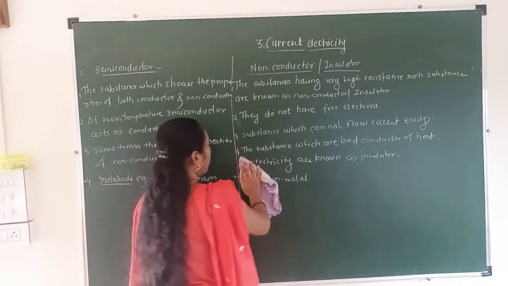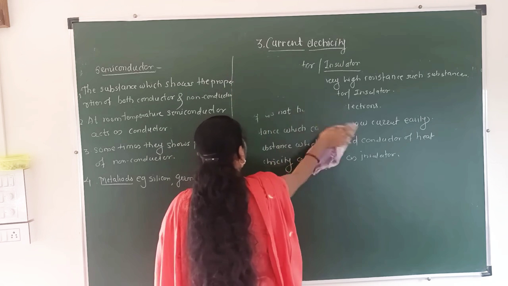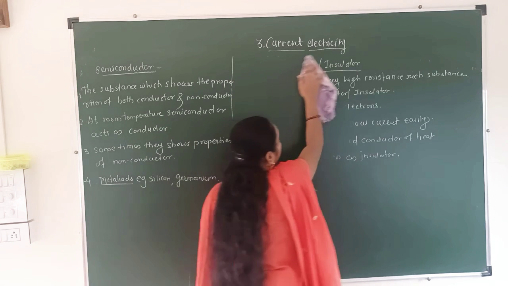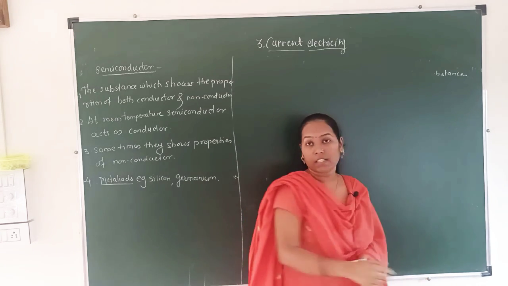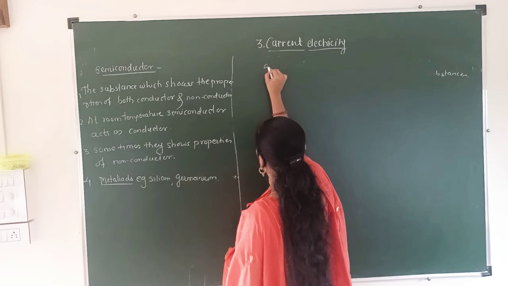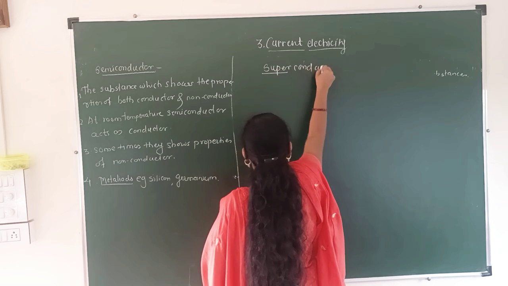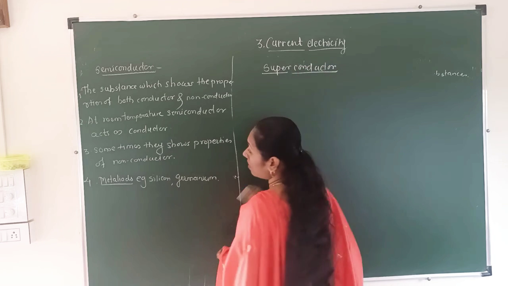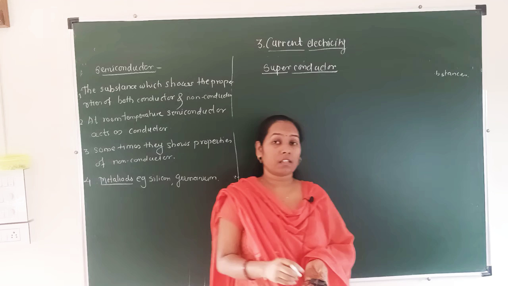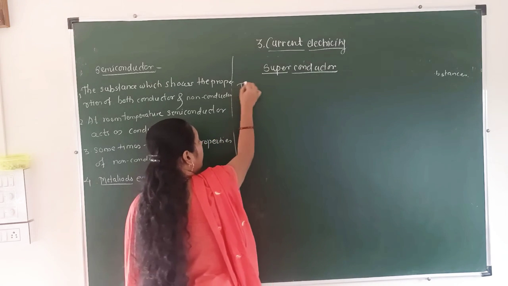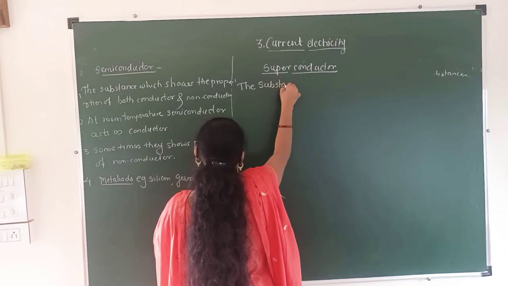The fourth one is the superconductor. Which substances are known as superconductors? The substances having zero resistance are known as superconductors.